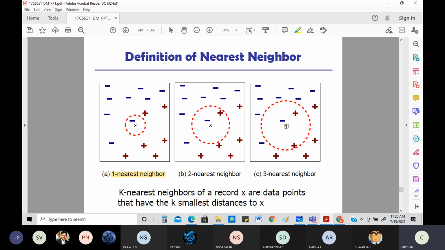Of course we can't say just by looking, we have to calculate the distance, but as an assumption, we could name the ones that are right at the periphery, which will probably be either this or even this. Either one of them will be taken into consideration. Or if all have the same distance, then 4 nearest means all of these come into the picture. That's very important. So this is how the examples of nearest neighbors work.